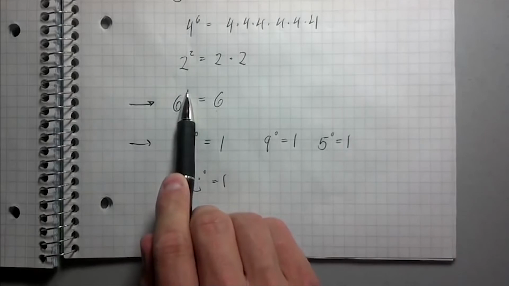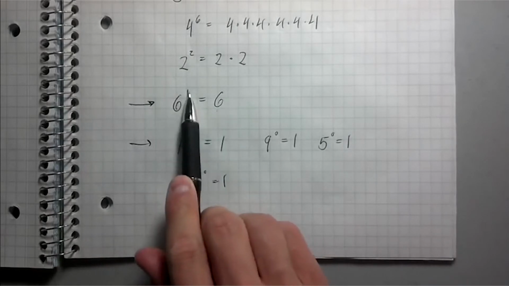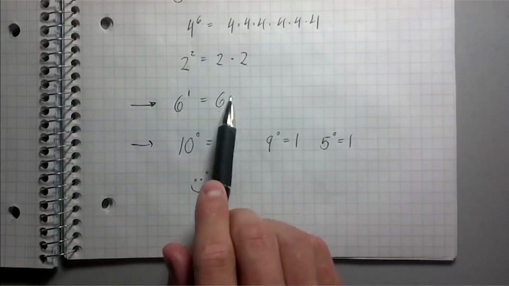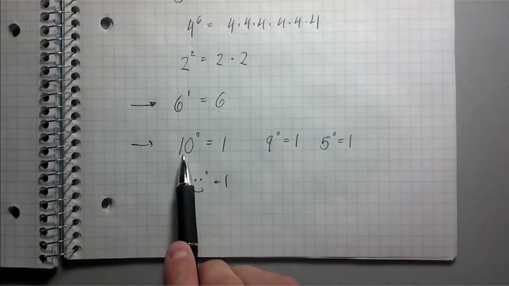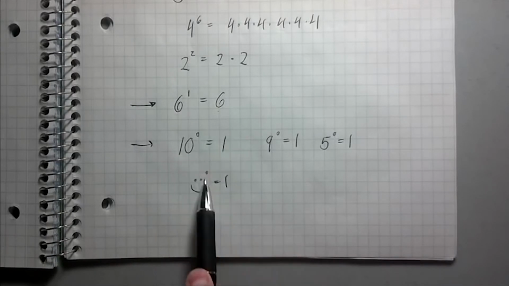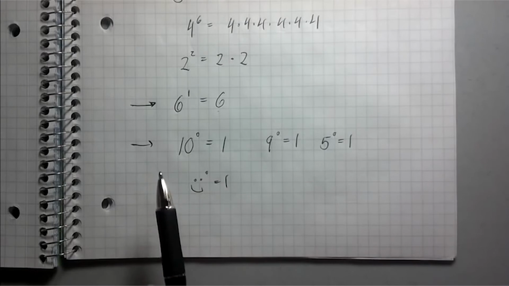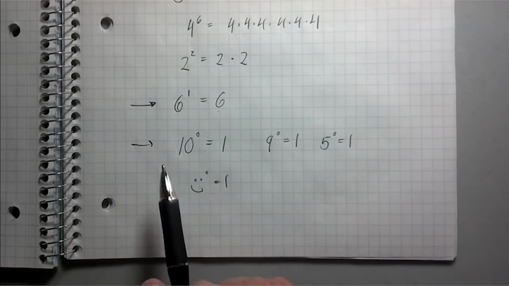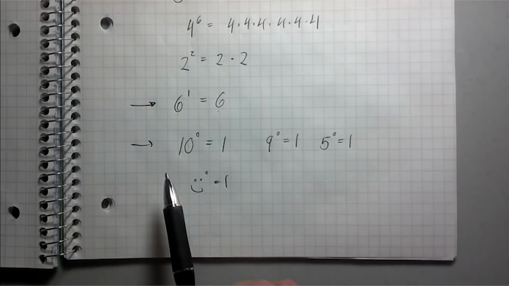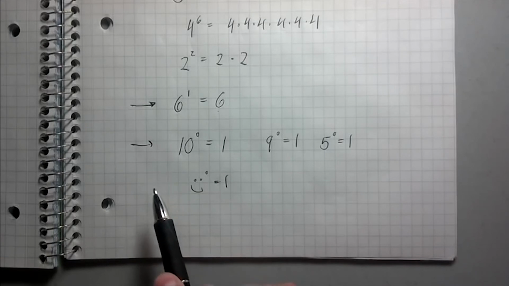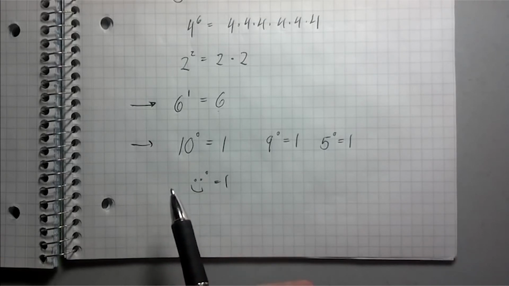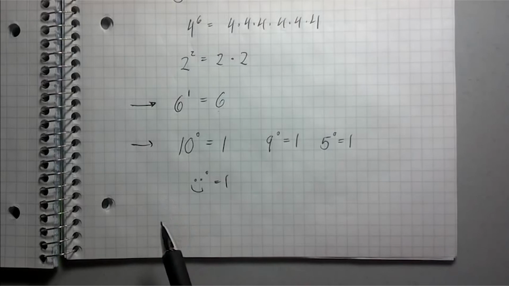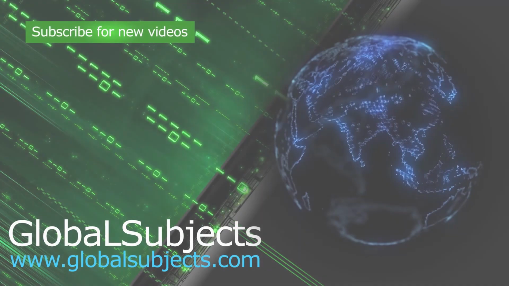If you take something to the first power, you just get that same thing: 6 to the 1 is 6, 8 to the 1 is 8, etc. The second special case is anything to the 0 power is equal to 1. And that's basically it. I know there are more complicated things here, like negative exponents and fractional exponents, but this was a conceptual video. So I hope that gave you a better understanding of what exponents are.